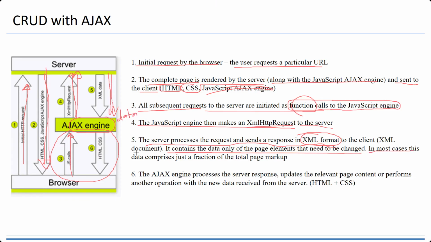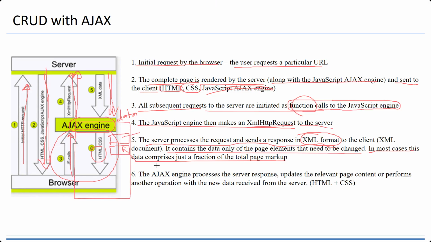In most cases, this data comprises just a fraction of the total page markup. So we will not do all the HTML. We will just do partial HTML, just some part of the data. That's why people use AJAX frequently, because it deals only with partial data.